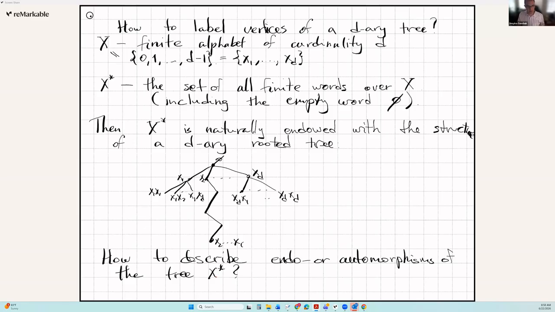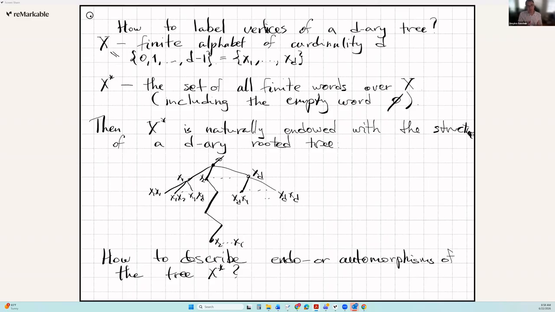And now I have to be a little bit careful, because of course X star, for those of you who have looked into the theory of semigroups, also is a monoid. You can multiply two words in X star just by concatenation. And then, of course, a monoid is an algebraic structure, and you can consider endomorphisms and automorphisms of this monoid.